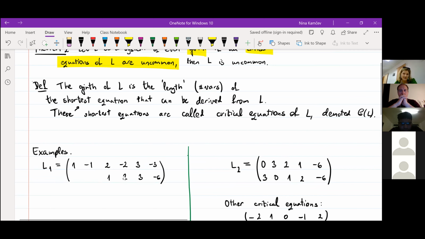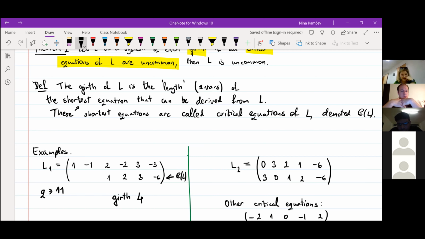Again, the coefficients are in a finite field, but please imagine that the size of this field Q is at least, say, 11, because I don't want you to come and say, oh, isn't 3 equal 0? That's the system. And I'm claiming that this is the shortest equation you can possibly derive from L, and therefore this equation will be its critical equation. And I'm claiming that the system has girth 4.